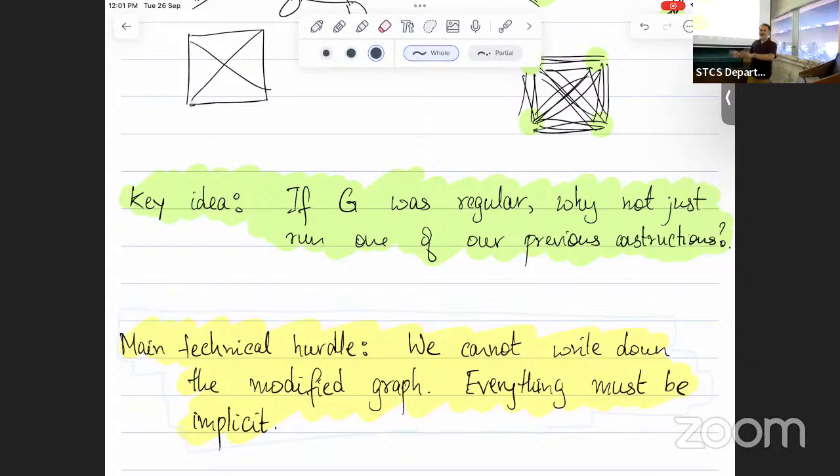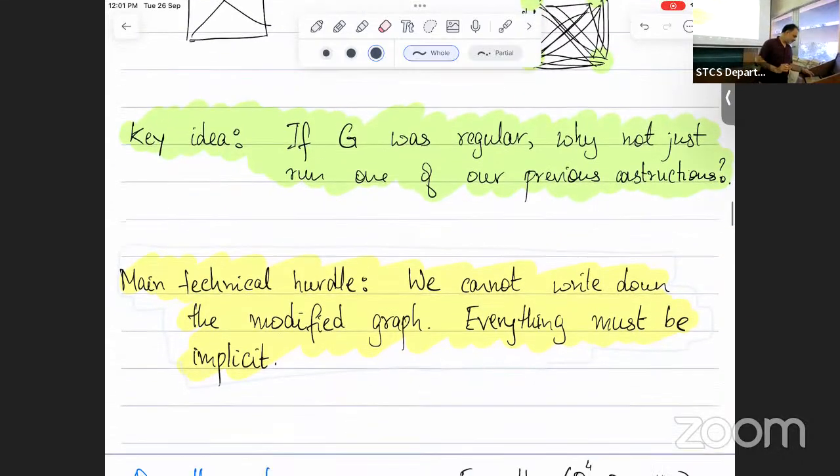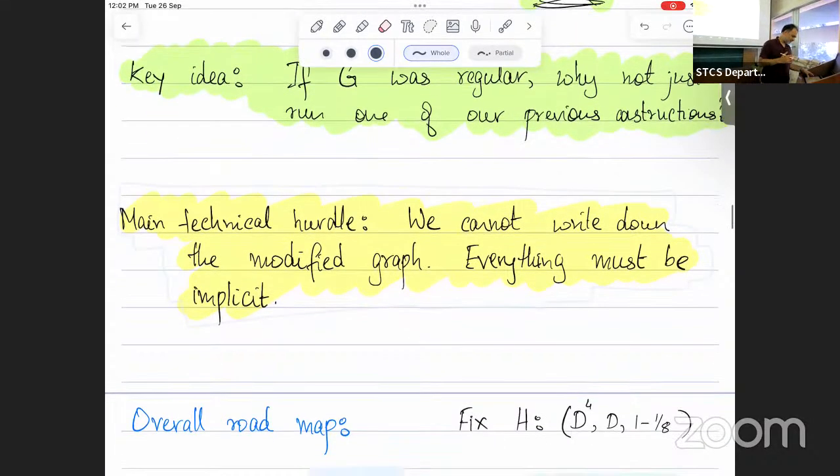Okay. So all the technical hurdle is just making sure that this general idea of expanderizing a graph can actually be done implicitly, and we can then run the deterministic ST connectivity algorithm. Okay, so that's going to be what I'm going to do for the rest of the lecture.